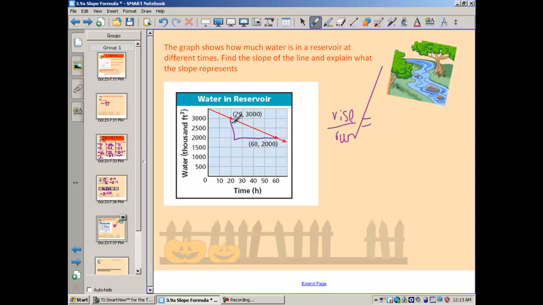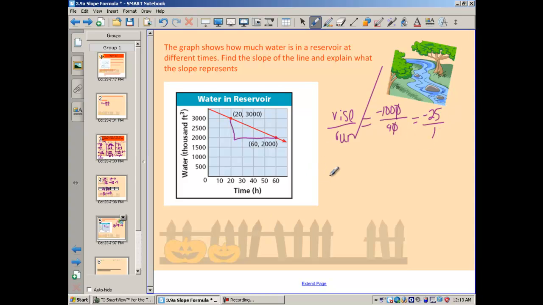This goes down 500 and 1,000. Make sure you're paying attention to your scale. And then it goes across 20, 40, 60, 10, 20, 30, 40. It goes over 40. Well, let's reduce that by getting rid of zeros. And I have negative 100 over 4, which gives me negative 25 over 1.